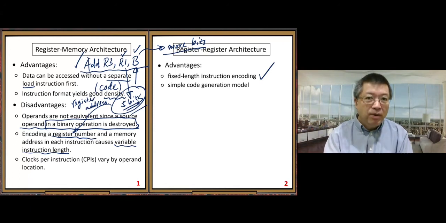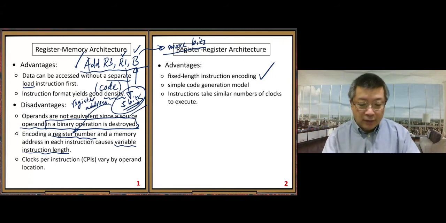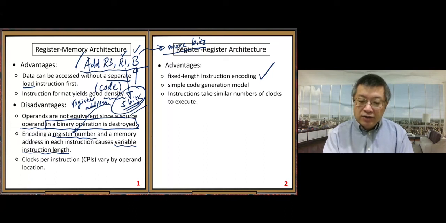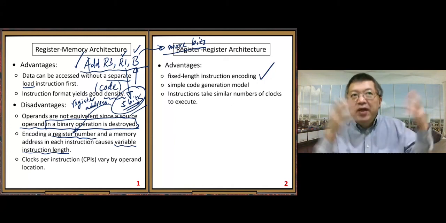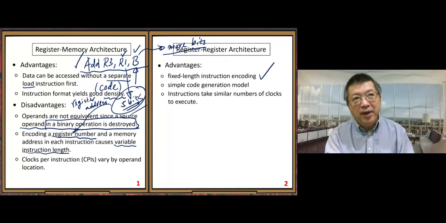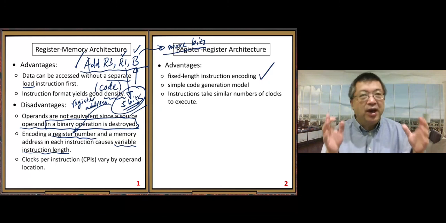Then, instructions take a similar number of clocks to execute. CPI, the difference is not that big. So similar number of clocks to execute.